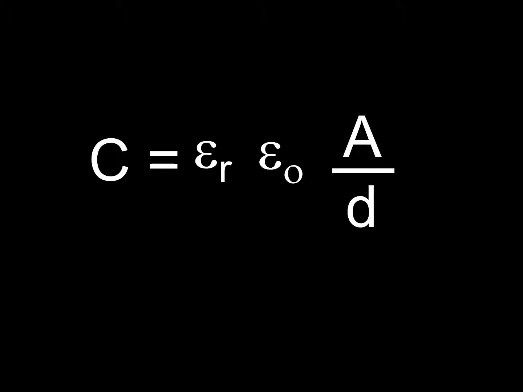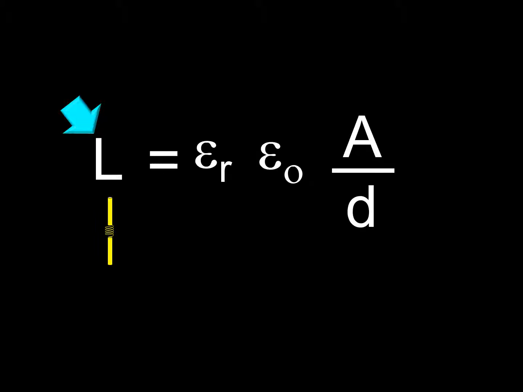I will change each term of the capacitance formula for the term related to the induction formula. I will do this to show you its similarities and its differences. The C for capacitance in the capacitance formula, I will substitute for L in the induction formula.